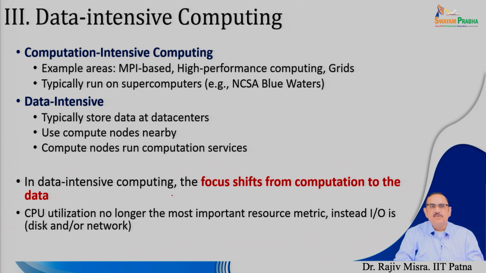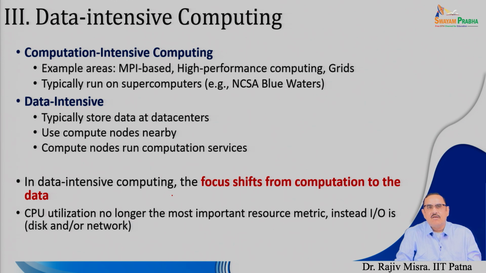So, this is a paradigm shift. In data intensive computing, the data is so huge, whereas in compute intensive computing the data is not that big, but the CPUs or computers are very powerful.